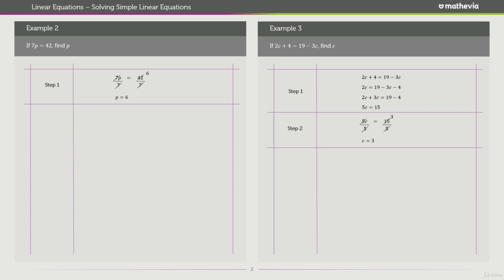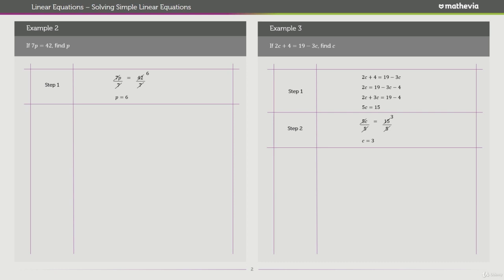So when you have an instance like this, the first thing you do is move your terms across the equal sign to try to get all instances of your variable on the left and all the numbers on the right. And remember, anytime you move anything, be it an algebraic term or a number, the sign in front of it changes.